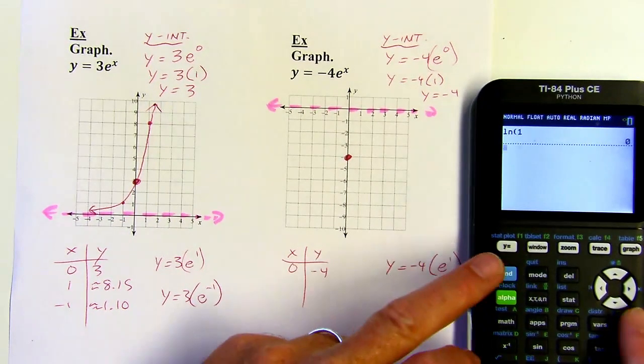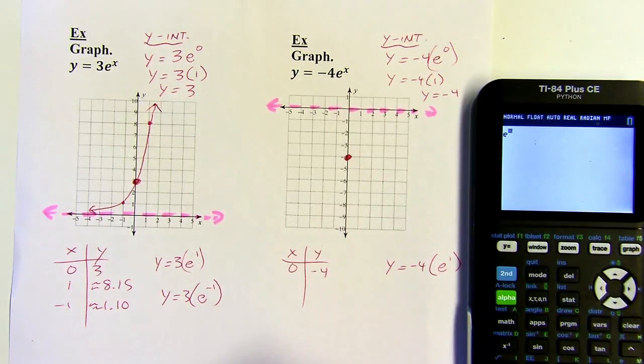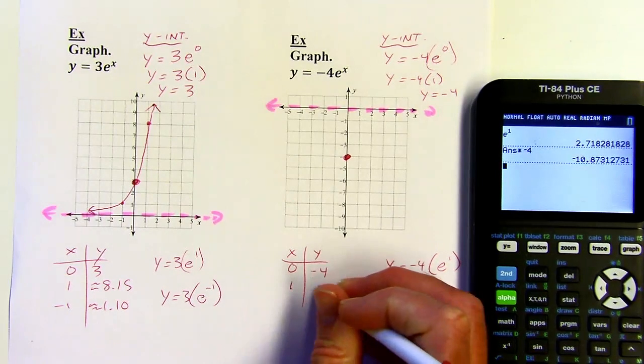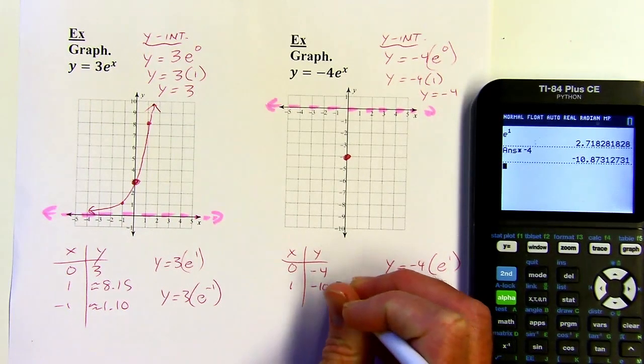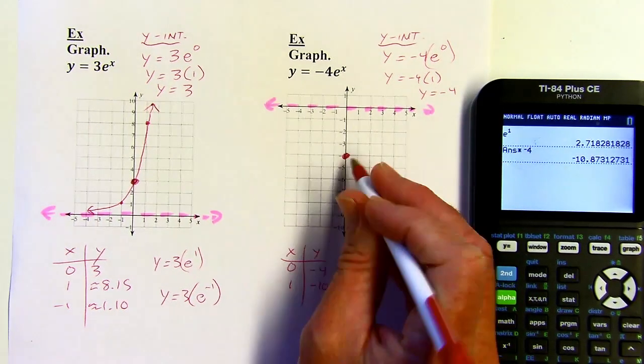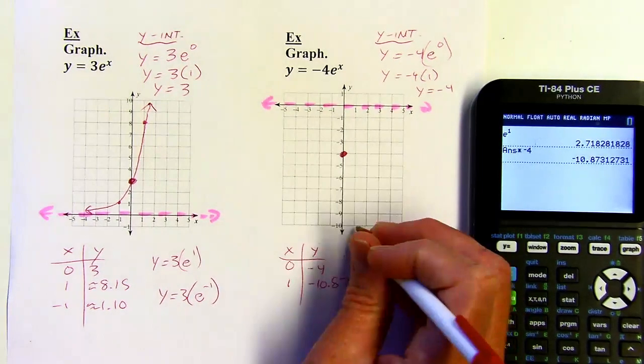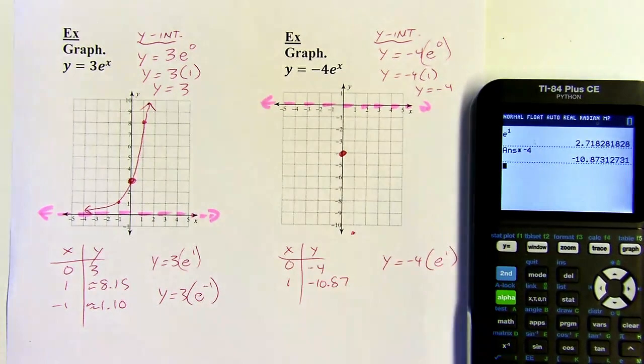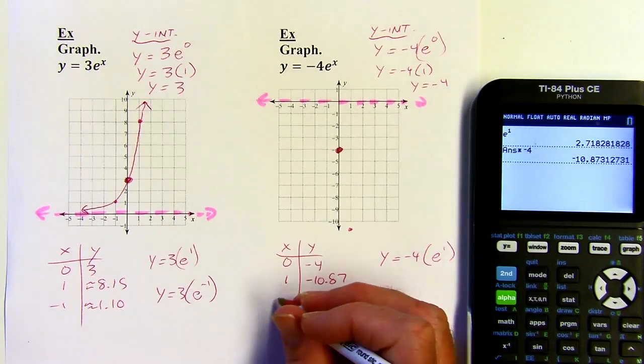Whoops, I forgot to hit the second number there. There's e to the first, and then I'm going to multiply that by -4, and I've got -10.87. So it's going to be a little bit off the bottom of the screen here. 1, -10.8. Let's try -1.